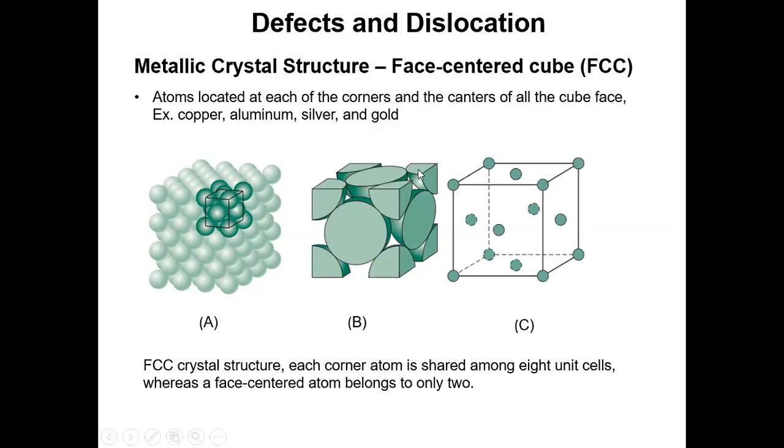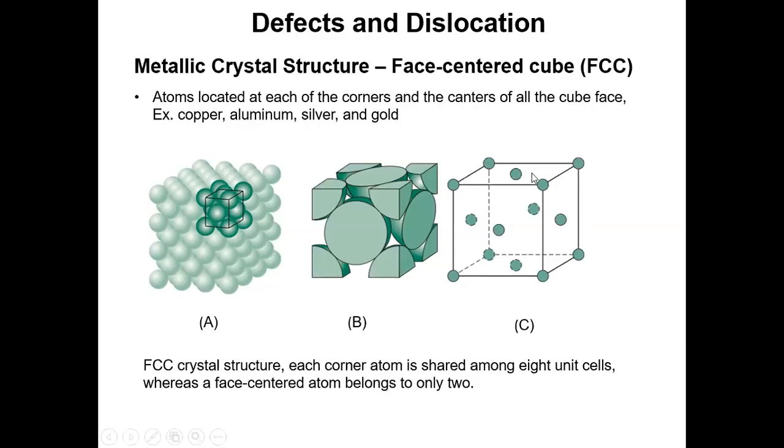This side, the other side, and the bottom are the faces. In those faces also there are atoms. This FCC structure mainly exists in metals such as copper, aluminium, silver, and gold.